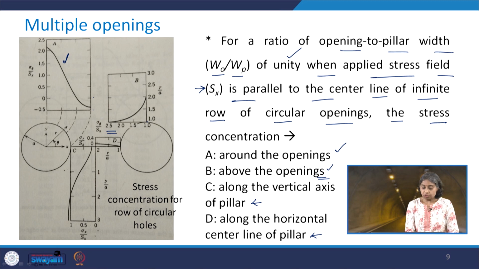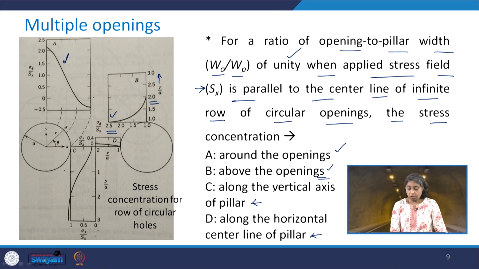So in that case, just at the crown you have this as 2, and then here it is 2.5, as you have this variation of R by A.